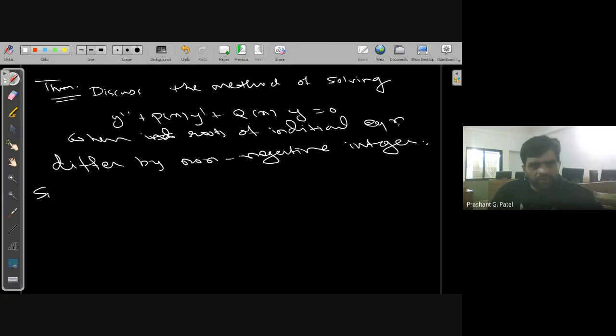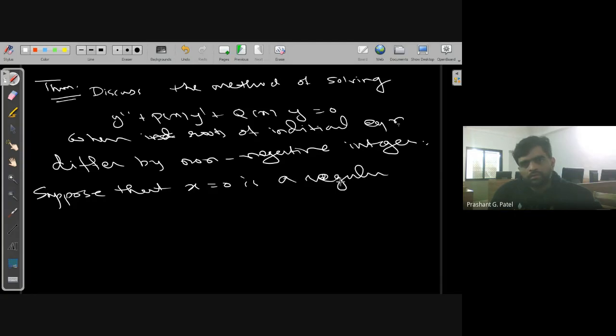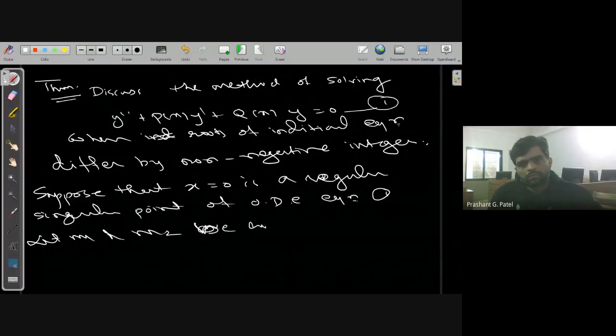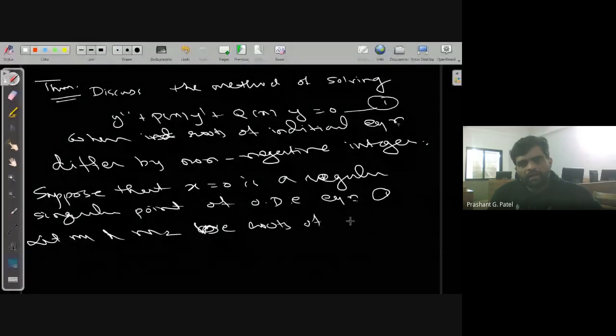For that, suppose that x equal to 0 is a regular singular point of ODE 1. If I call this equation 1. And let m1 and m2 be the two roots of the indicial equation.